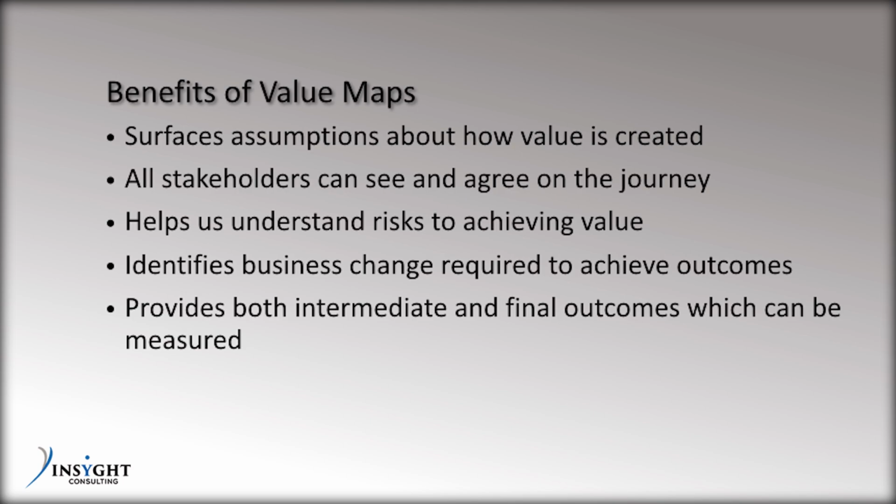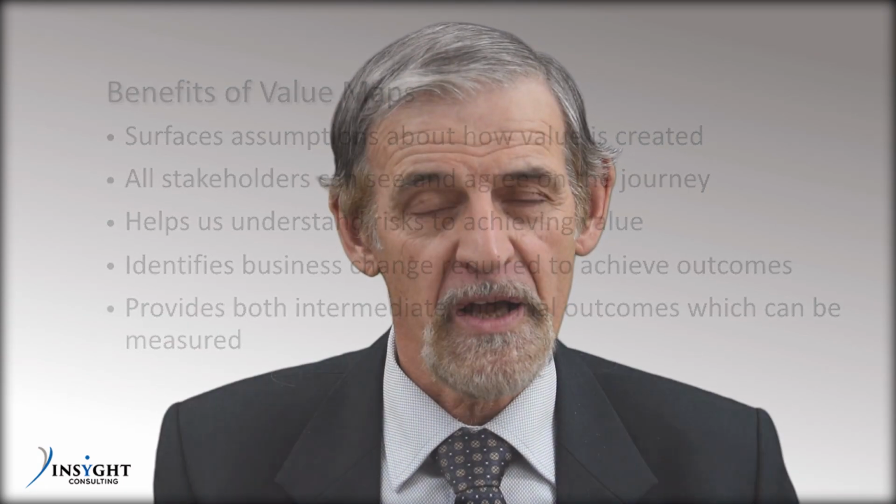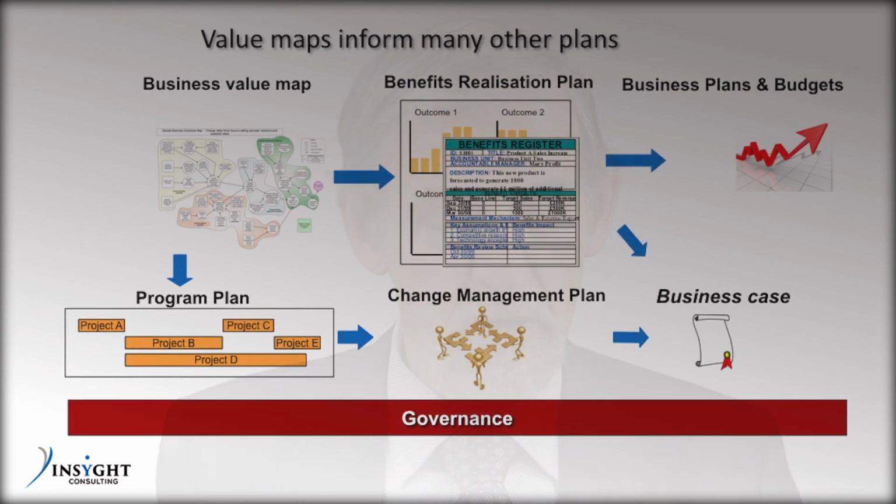And it also provides us with measures that we can measure along the way. Intermediate or interim outcomes are things we can measure along the way and see if we are actually heading towards the goal. Rather than waiting till we get to the end and finding there's a problem, we can discover that along the way.